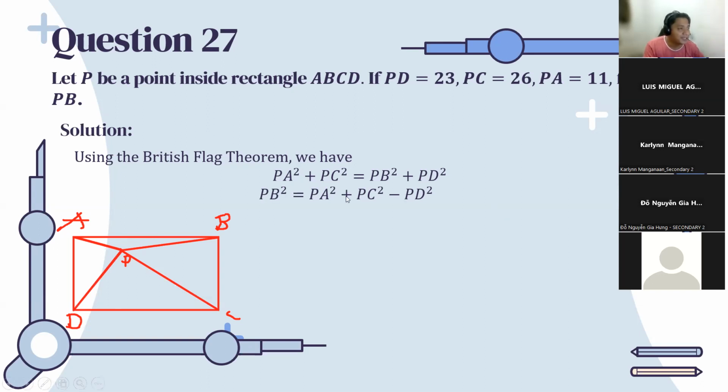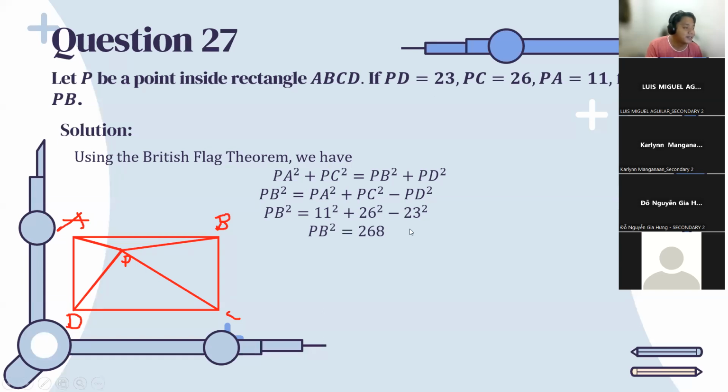So that will be PB squared is equal to PA squared plus PC squared minus PD squared, which is 11 squared plus 26 squared minus 23 squared.